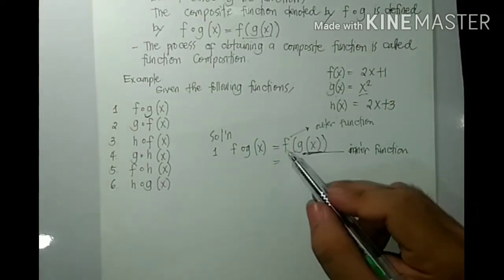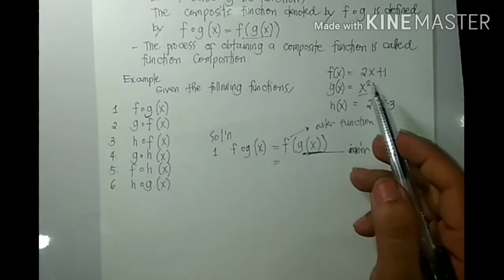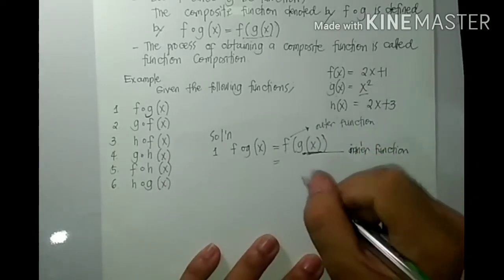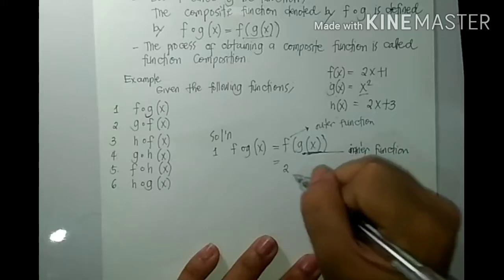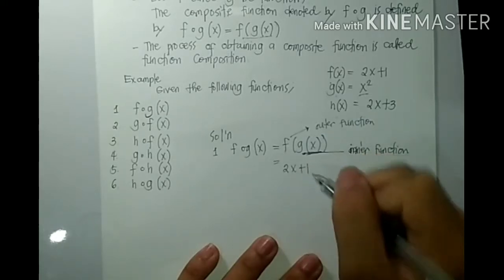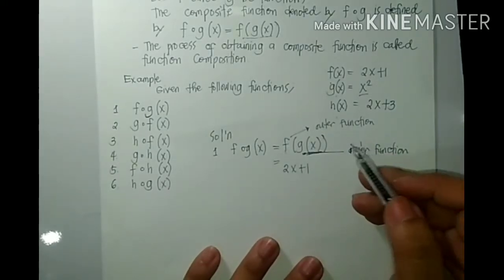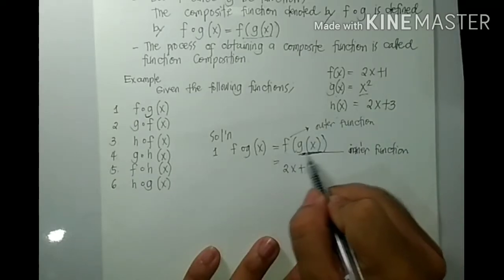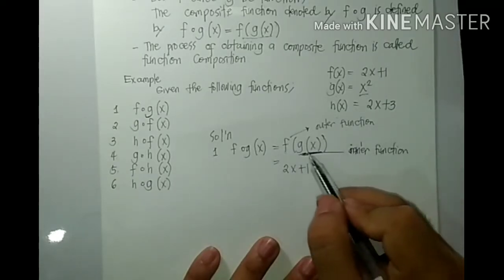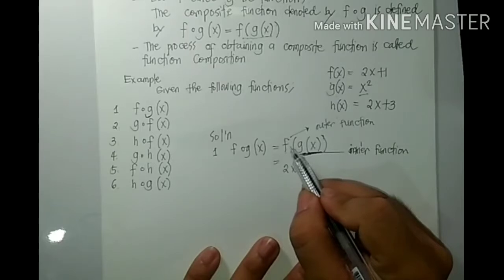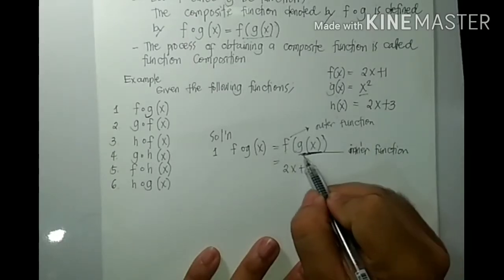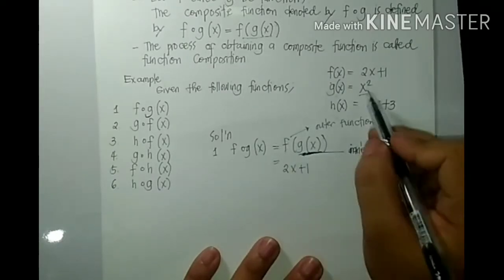As we all know, f of x is given, which is 2x plus 1. So we need to write 2x plus 1. Next, we need to substitute the value of our inner function into the outer function. The value of our g of x is equal to x squared.